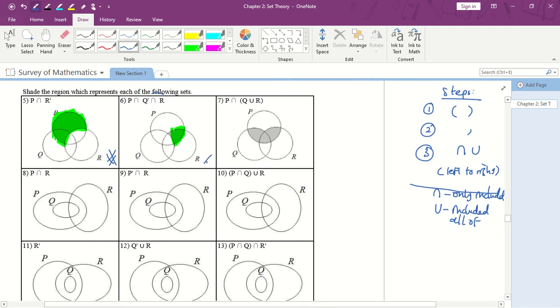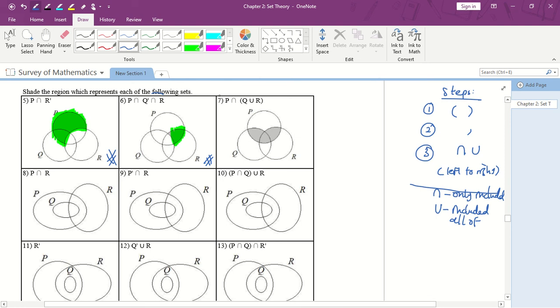So is it okay? Q prime means the region outside of Q, and intersect P means out of this region only included P, and out of that region again you need to only include R, and that is how it works. So let's look at the next question here.